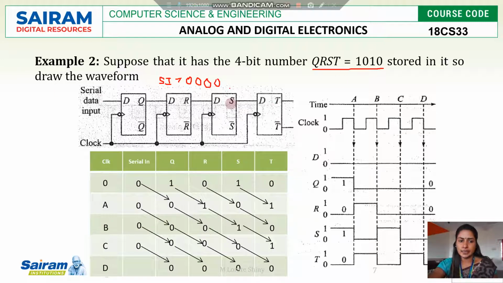In the register diagram we have QRST, serial input, serial output, and the clock input. You can give a clear input as well as a CE input for the register. This is the state table.